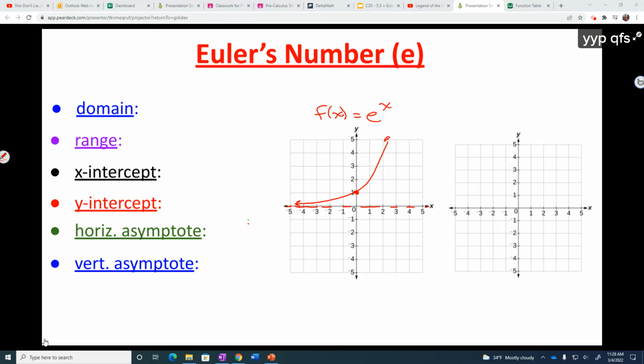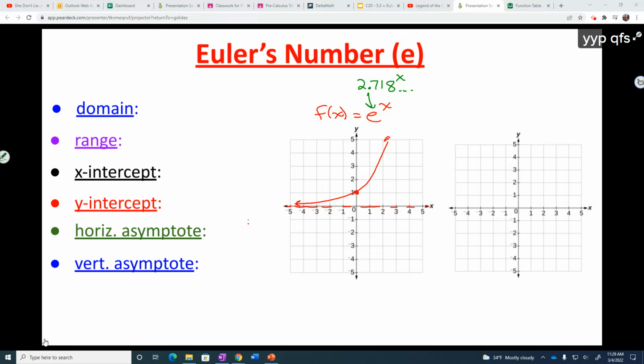It would grow just a little bit faster. But whenever you see an e, just remember e is 2.718 and a bunch of other numbers. So it's basically saying 2.7 to the x. When you see that e, it's just a number like 2.7. So that is e, our exponential growth.